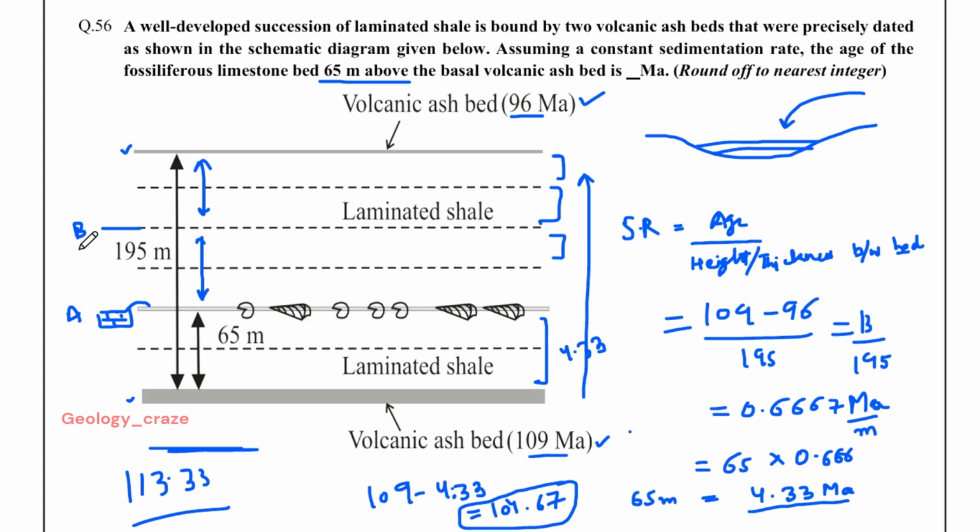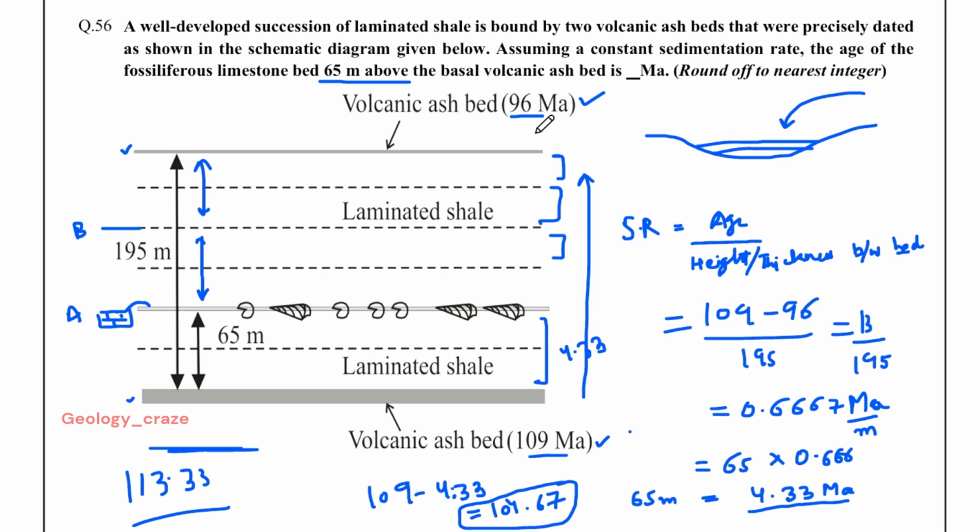Now how do we solve directly from the picture itself? What is the maximum age? 109, and minimum age 96. We subtract that and get 13.